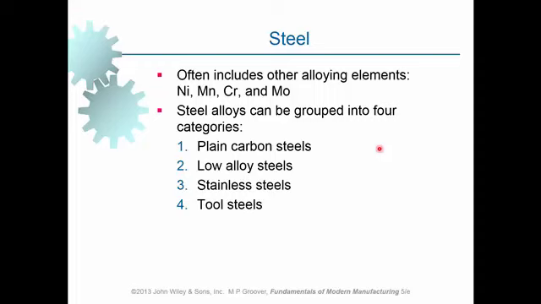And chromium also, and some other alloying elements are added in order to enhance this property of the material. And also they have got to be stiff as much as possible. For example, cast irons are very hard, but they are not very stiff. So if we make use of cast irons in order to cut other types of materials, they won't last long.